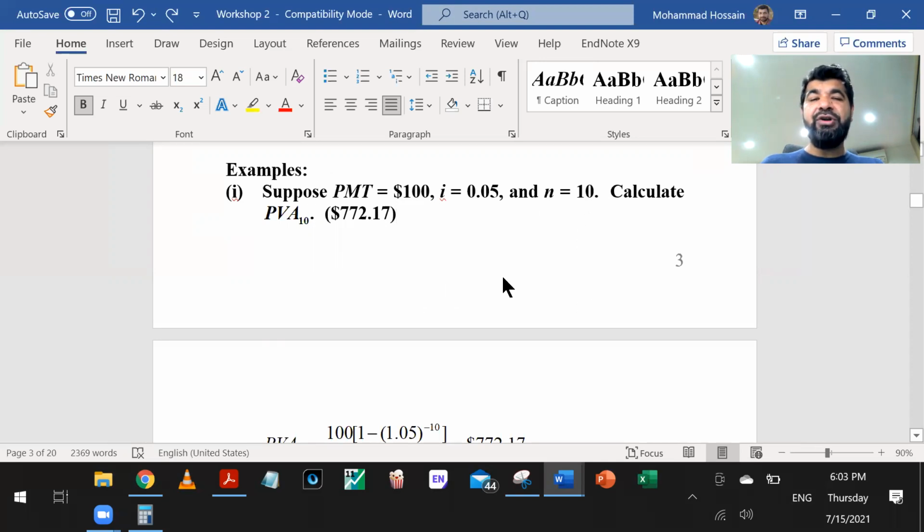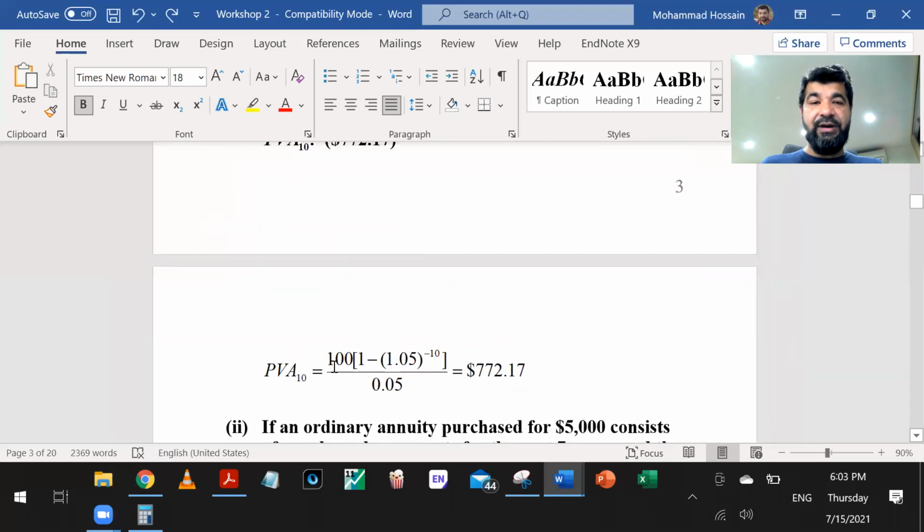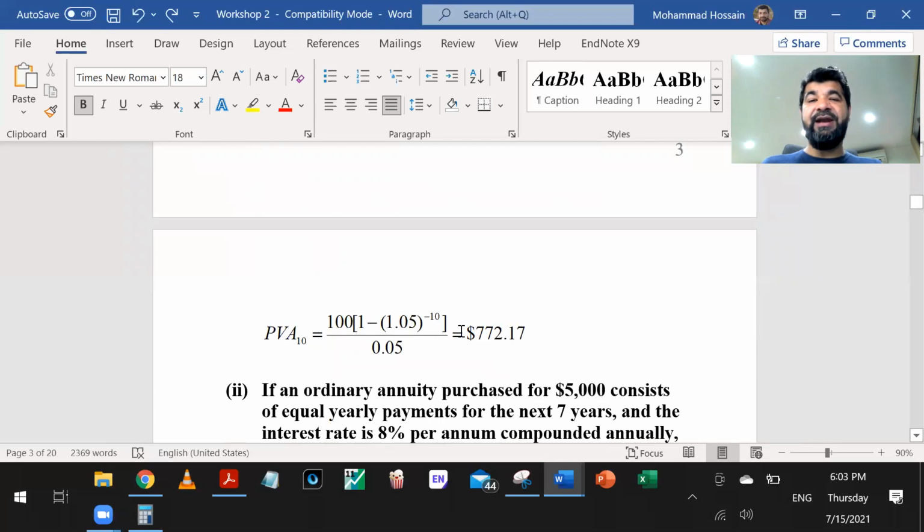Okay, and I will show you a very interesting thing. Look, for $100 for the next 10 years, the present value is 777.